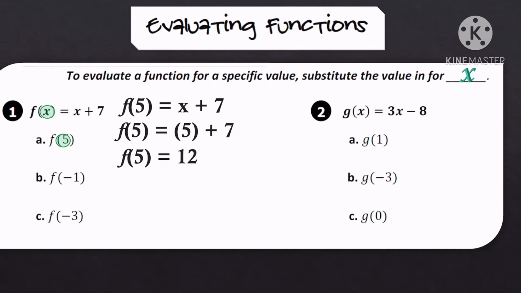Okay, let's come look at this one. Same thing. I'm going to replace x with 1. So it says g of 1. Now, I have g instead of f. Sometimes we're going to be faced with a problem that has more than one function, or I'm going to combine multiple functions in the real world. So I can't use the same letter f.